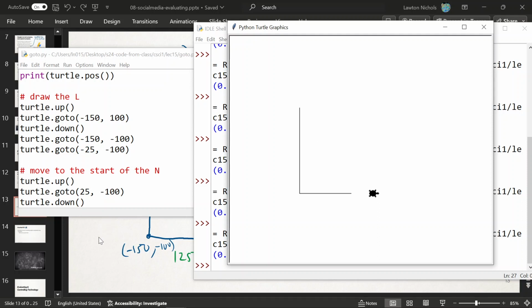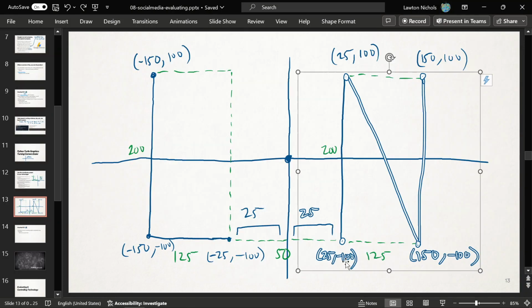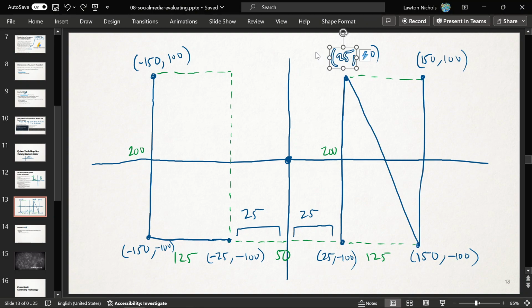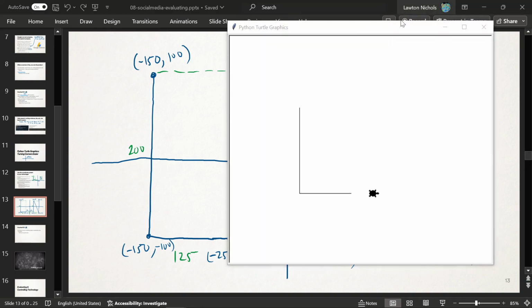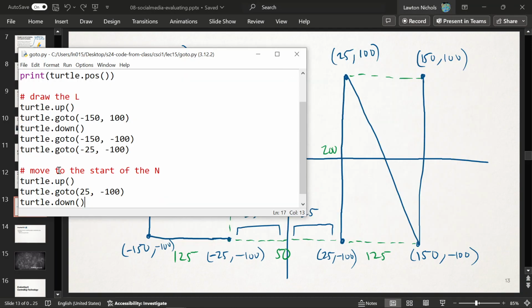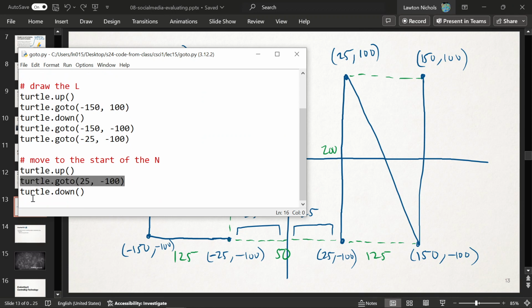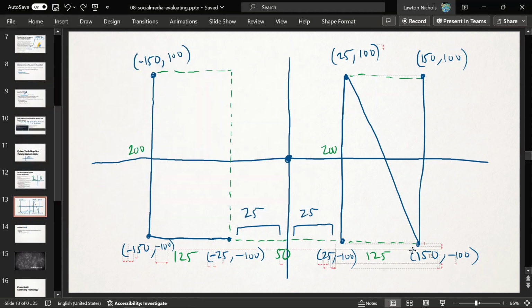Okay? And then finally, let's draw the N. So starting here, as we are, we need to go here, go to 25, 100. Then I need to go to 150, negative 100.